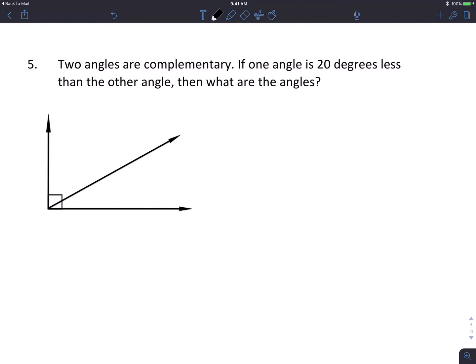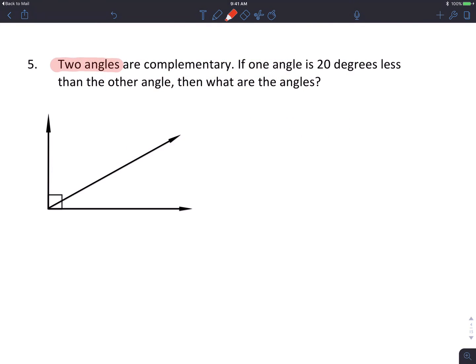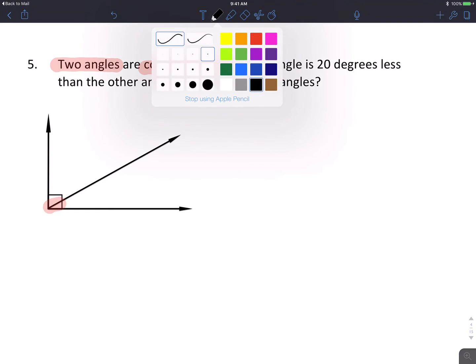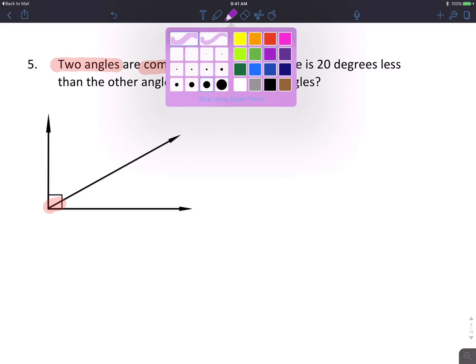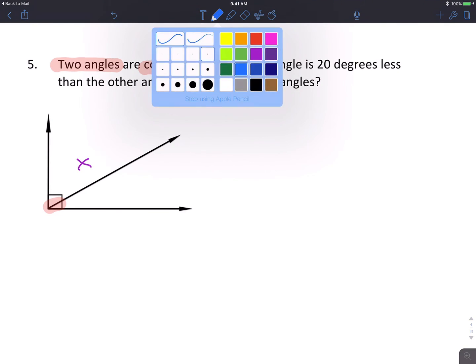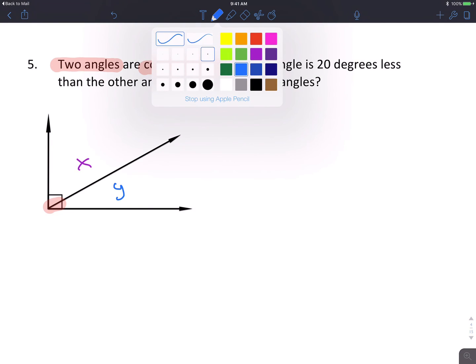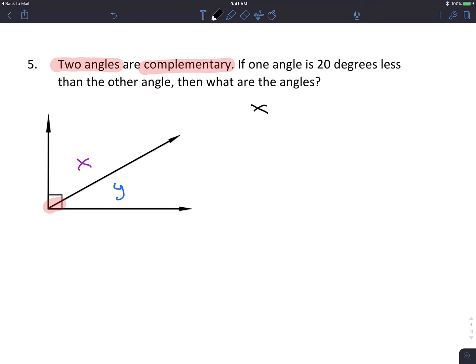Number 5 again. We're in the situation where two angles are complementary. The sum is 90 degrees. Okay, I'm going to call this first angle x and the second y. So this equation is going to say that x plus y is 90 because the angles are complementary.